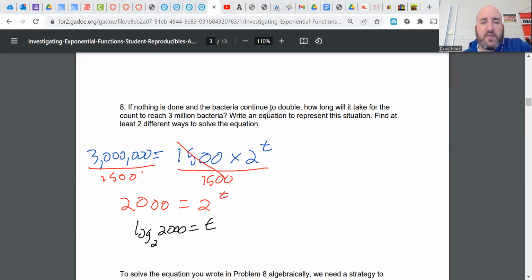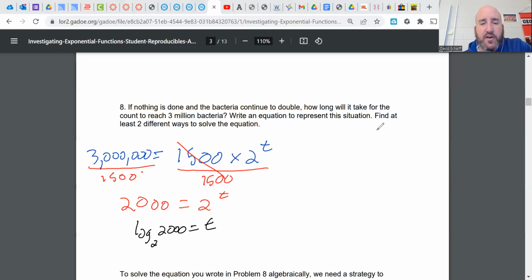But the other thing to do would be, if you had typed in this equation, you would actually have to put 1500 times 2 to the x power into the Desmos calculator.